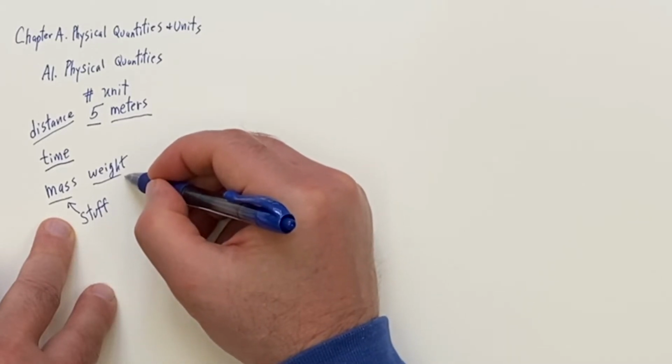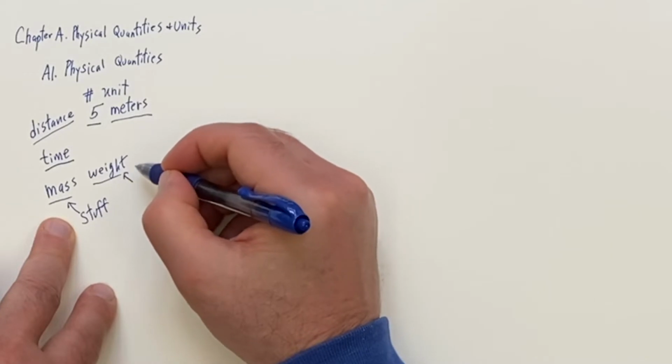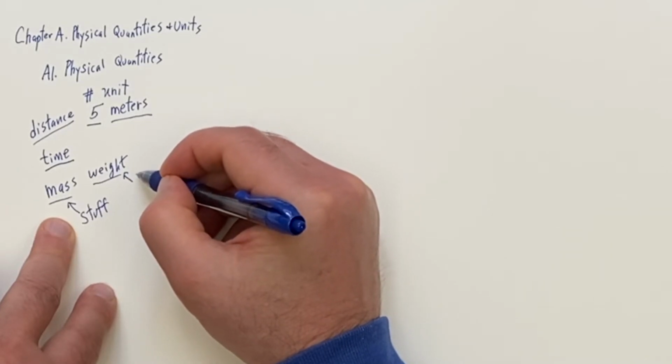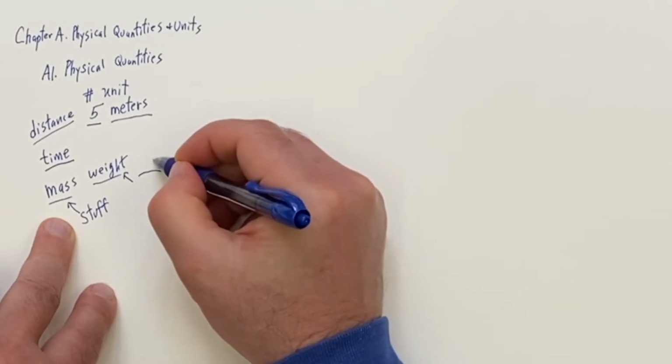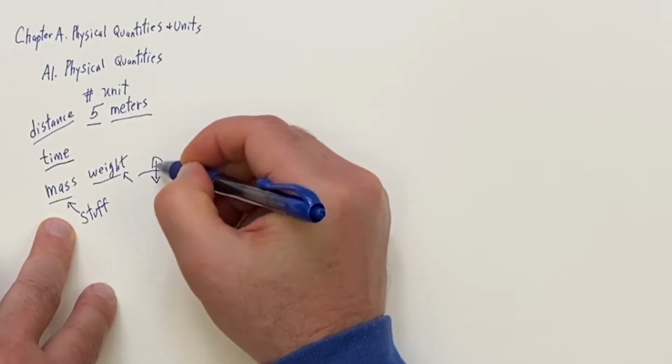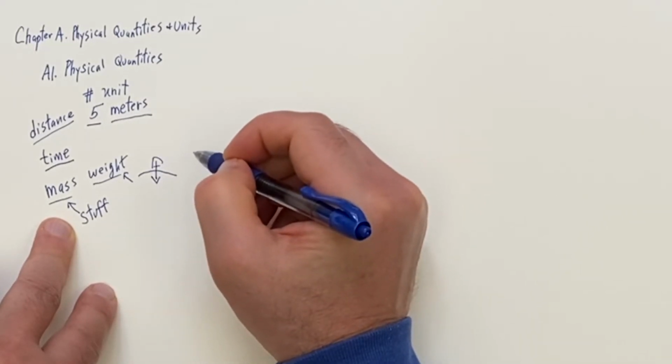But if you put it on a scale, it would weigh more on the Earth. The Earth pulls down more than the moon would pull down.